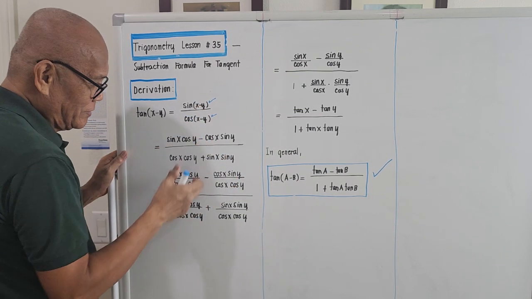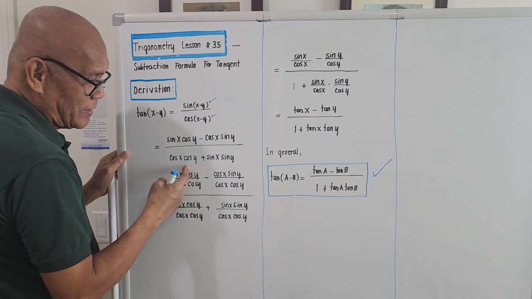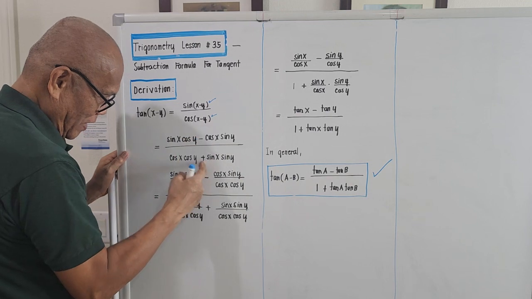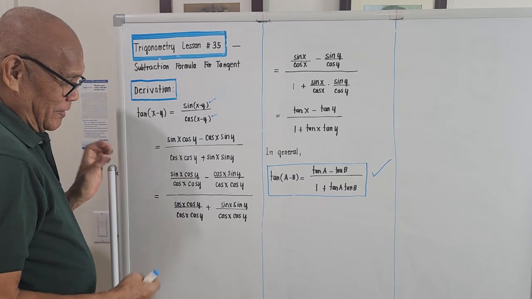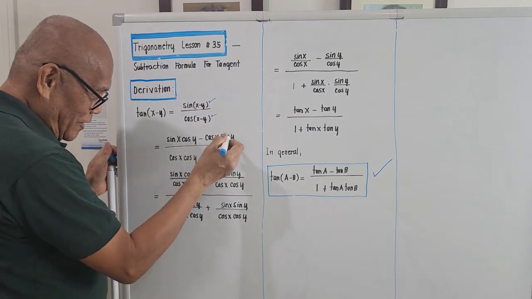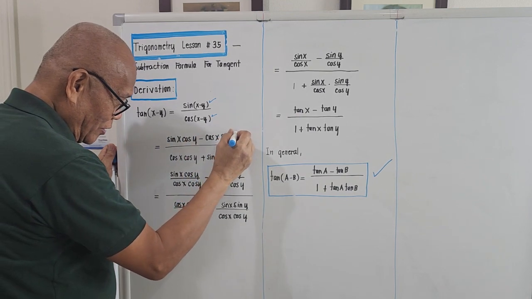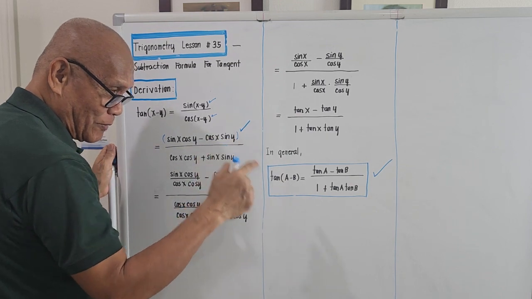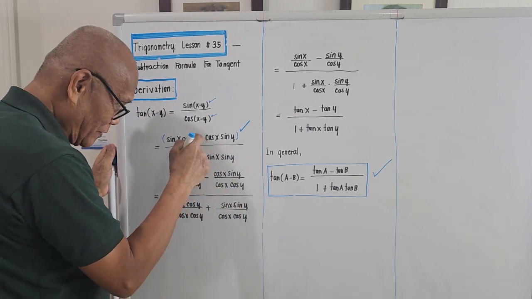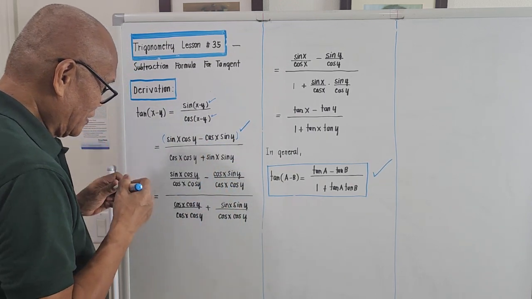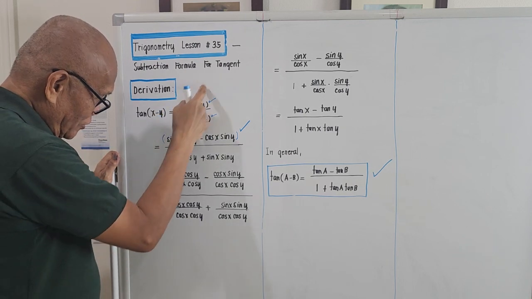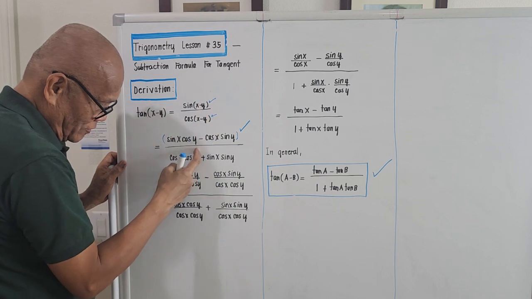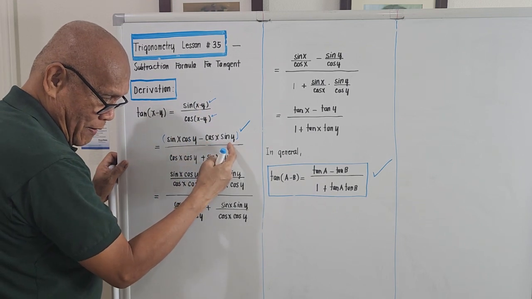And for the cosine, it should be cosine cosine, sine sine. If this is minus, this should be plus. There will be no problem in this because we are now through with this one. I even presented a problem involving this expansion. That is, the sine of the quantity x minus y is sine x cosine y, minus cosine x sine y.